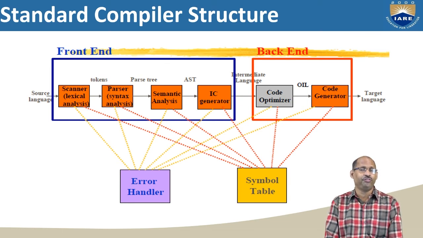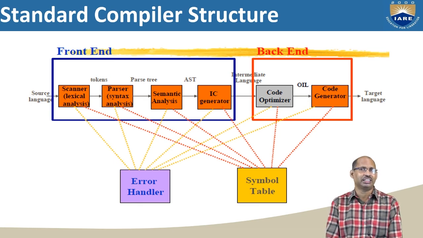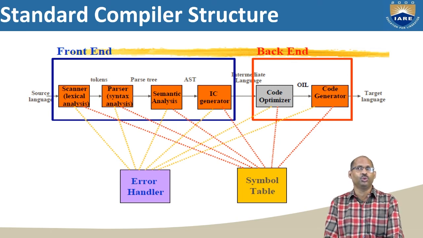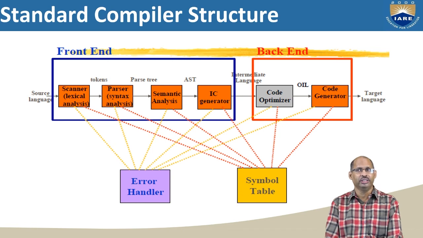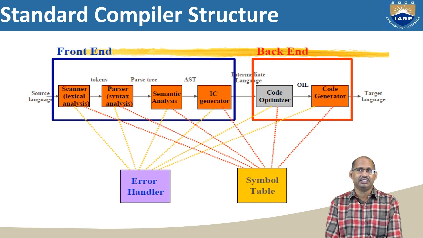These 4 phases are considered the front end because they depend a little on the source language constructs and structure. Then the remaining 2, code optimizer and code generator, we call the backend. Both of these depend on the target machine language.